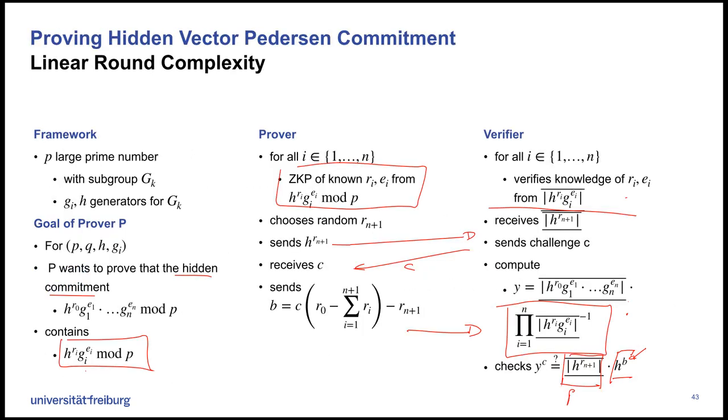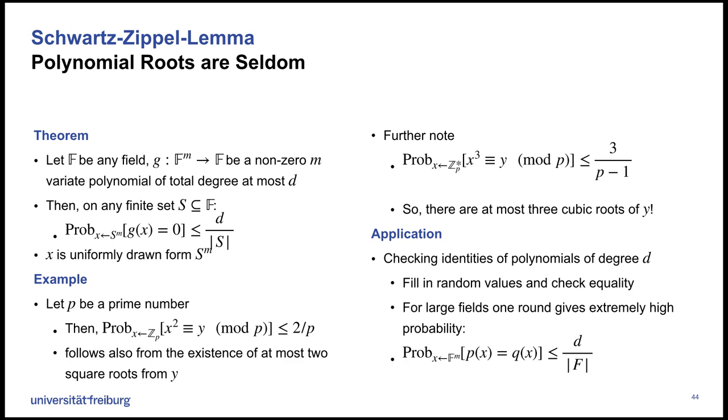Now, in order to do this more efficiently, we need a technical lemma, the so-called Schwarz-Zippel lemma. We don't use it explicitly later on, but it's a very useful tool which helps you prove that something happens with very small probability.